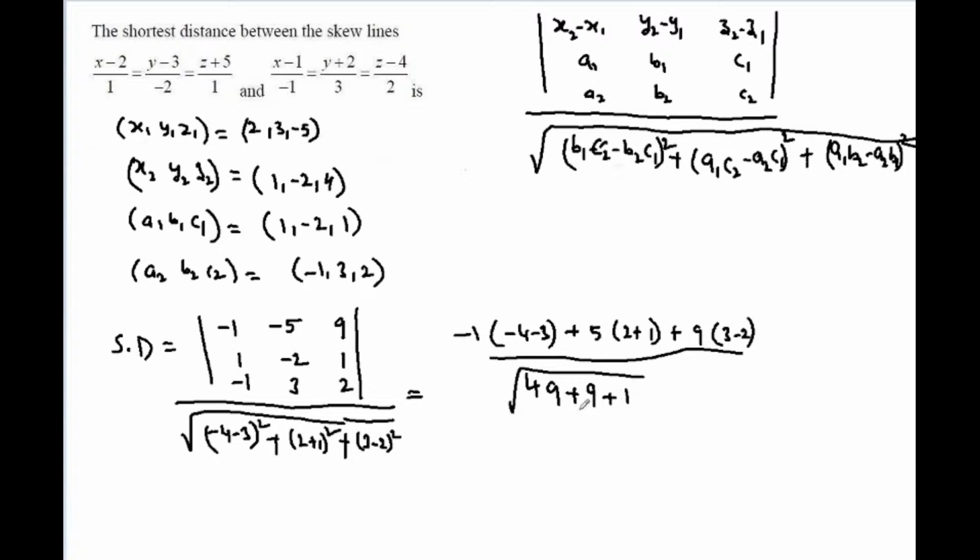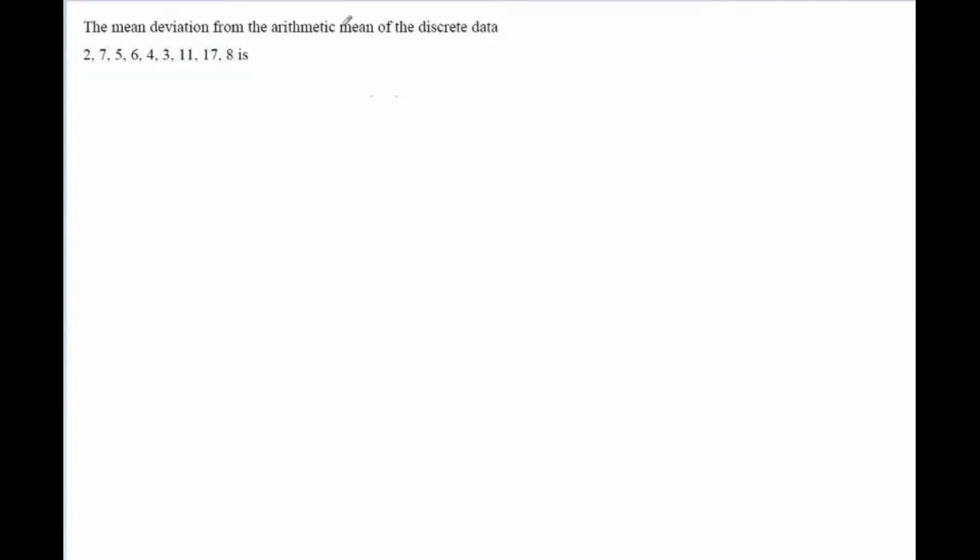So under root of 49 plus 9 plus 1, and the numerator is minus 1 into minus 7, that is 7, plus 5 into 3, 15, plus 9, by root 59. So 7 plus 15, 22, 22 plus 9, 31, 31 by root 59. This is the shortest distance between the given skew lines.